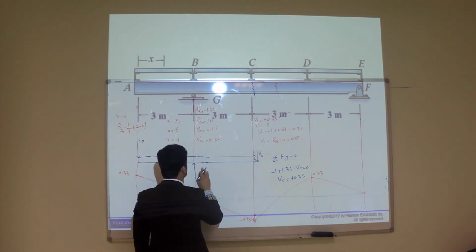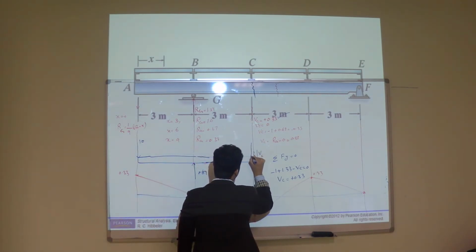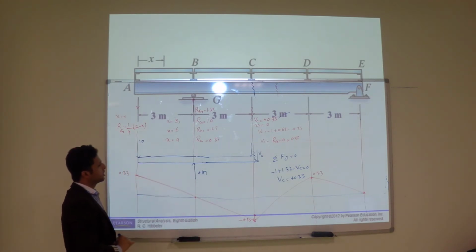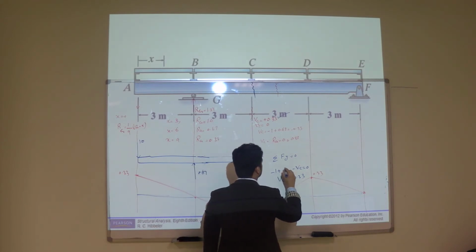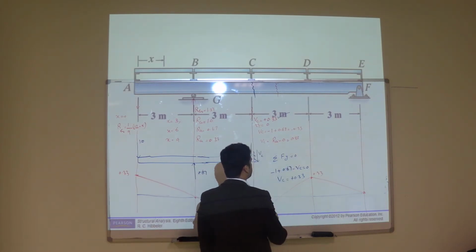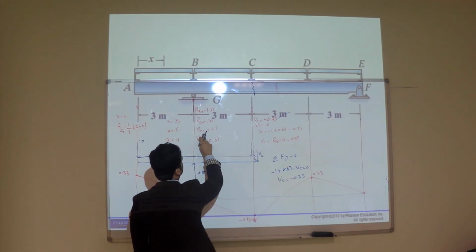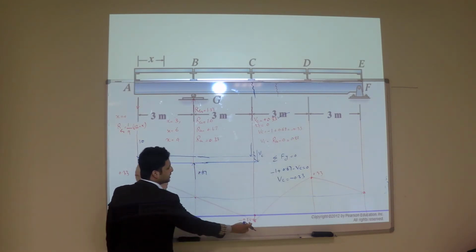This is now the 0 point, and the load is here. Minus 1 plus 0.67. How much will be VC? Minus 0.33.